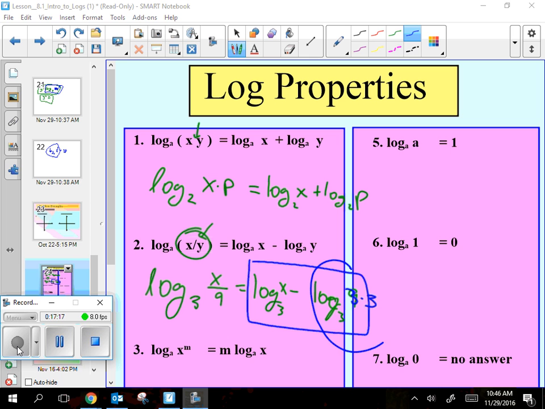This log could be log base 3 of 3, which happens to equal 1, plus log base 3 of 3, which happens to equal 1, which means 1 plus 1 is really 2. So couldn't I have just gone to 2 right in the first place? Yeah, it would have been smarter instead of saying 3 times 3 to say 3 squared, and then you go, oh wait, those are the same, so it equals 2. But all those properties, I hope they're starting to come together to see how we can prove that that equals 2.